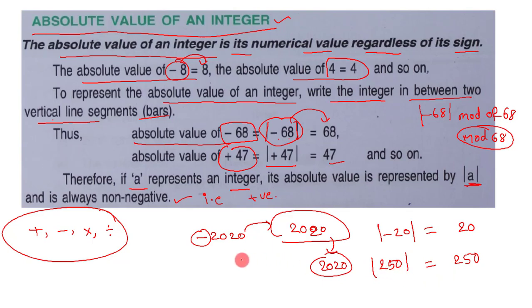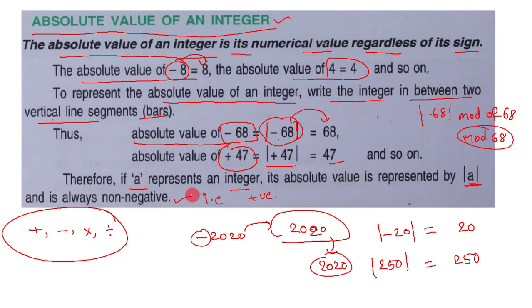And if you take any negative number and find its absolute value, it will be positive. That's why we have written that the absolute value of any negative number is always a positive number.